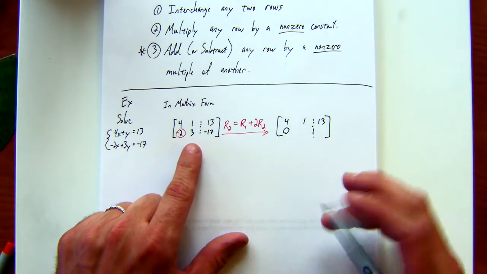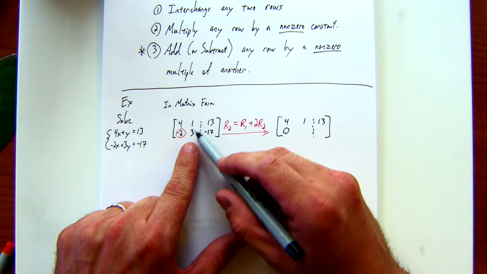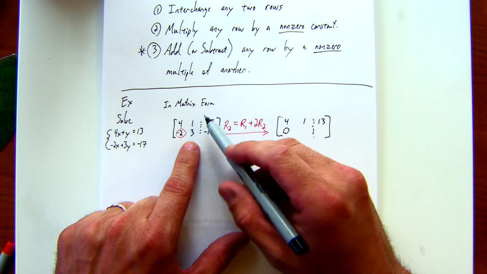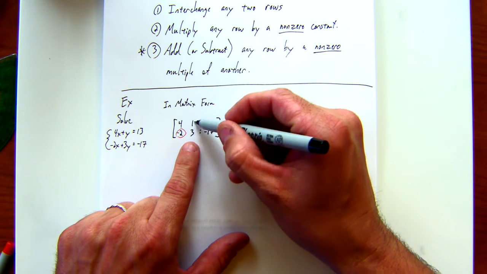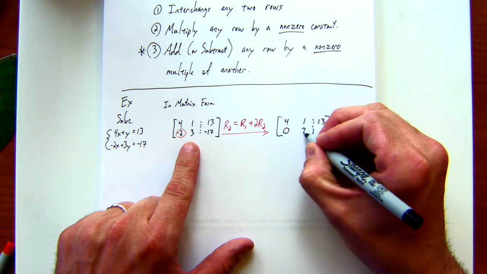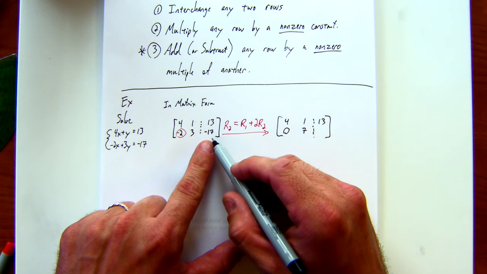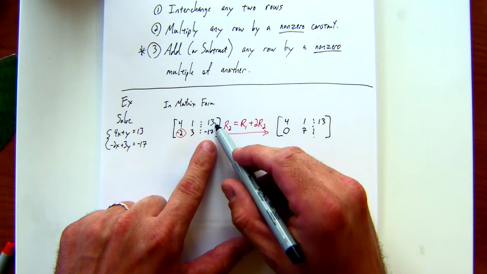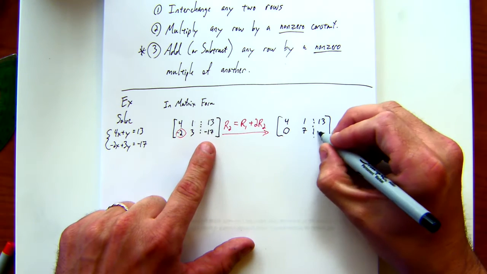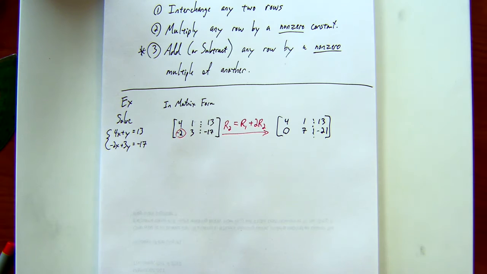There's my 0 that I want. 2 times the 3 plus the 1 from row 1. I've got to add in columns here. So 2 times 3 is 6, plus this 1 is 7. Now 2 times negative 17 is negative 34, and then plus the 13 is negative 21. Everyone see how I did that?